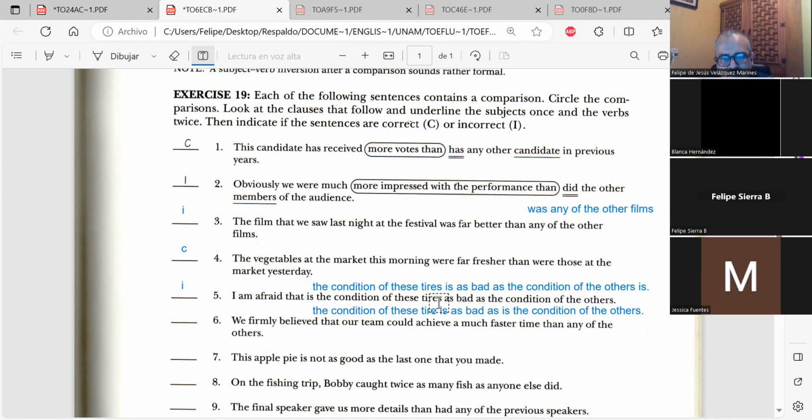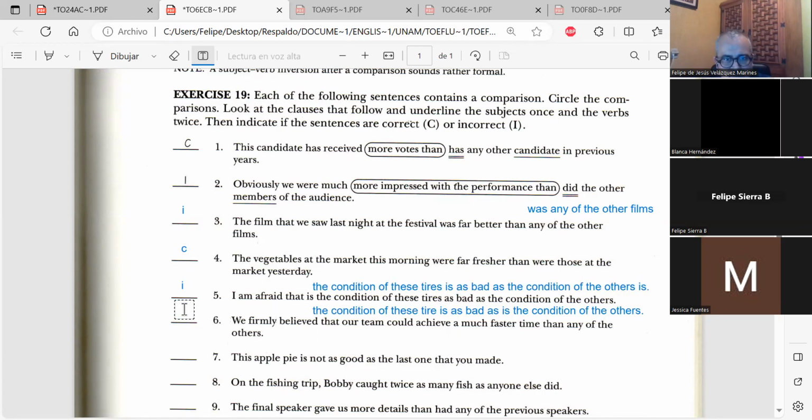Why? Because this is a linker, and after a linker comes a subject and verb. We don't have a verb here, so we have to insert it. Since this is a comparative, I can do an inversion: as bad as the condition of the others is, or as bad as is the condition of the others.